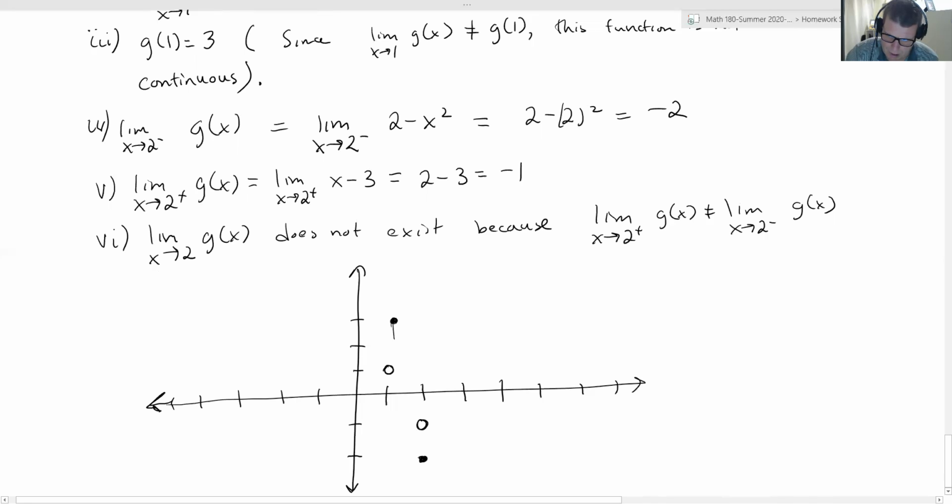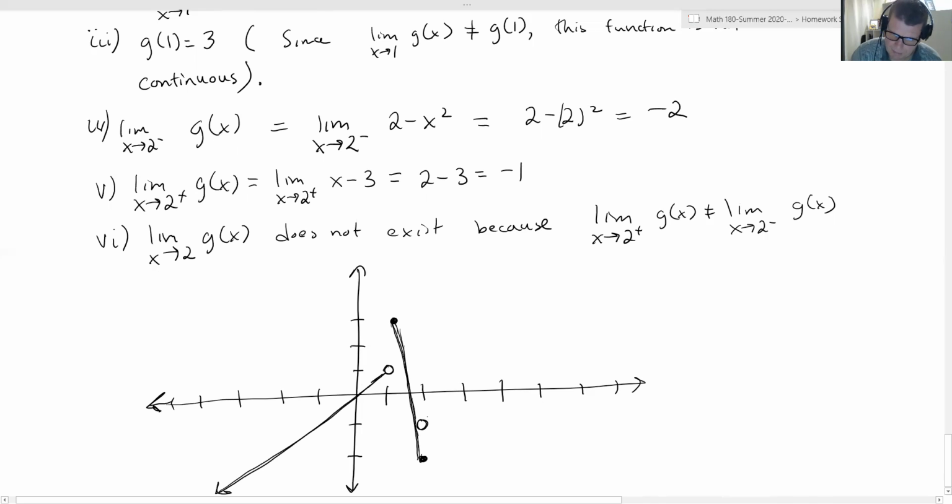This guy is 2 minus x squared. So it kind of looks like that. It doesn't touch that circular point, but moves through that. It's an upside down parabola. We've got y equals x. That's that line right there.